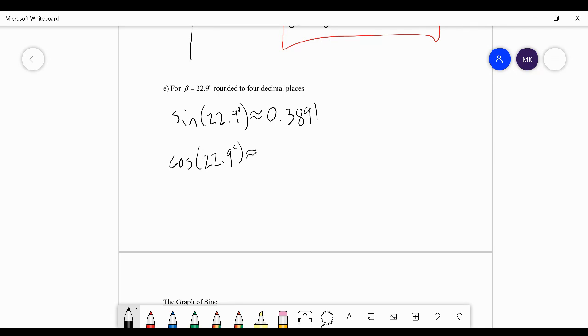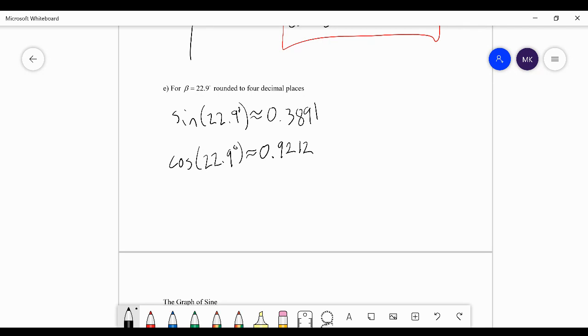And then we do the same thing with cosine 22.9 degrees. That's 0.92185, so that is very simply approximately 0.9219. That's it. Very, very simple.